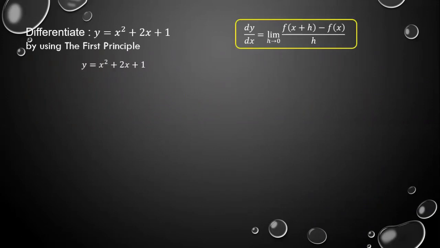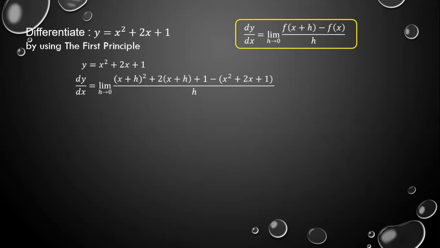Okay, y equals x squared plus 2x plus 1. So dy over dx equals limit h to 0 of (x plus h) squared plus 2(x plus h) plus 1, and then minus (x squared plus 2x plus 1), over h. Is it clear to everyone?